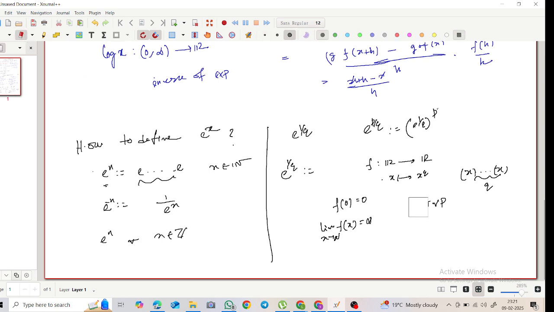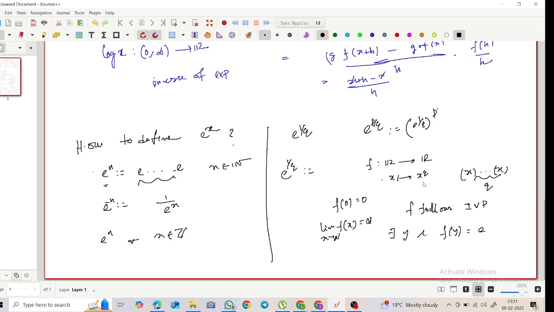since f is continuous, f follows IVP. Every continuous function follows the intermediate value property. Don't worry, we will discuss these things later. Since these are just brain teasers, I am going through this. Thus, there exists y such that f of y is e.